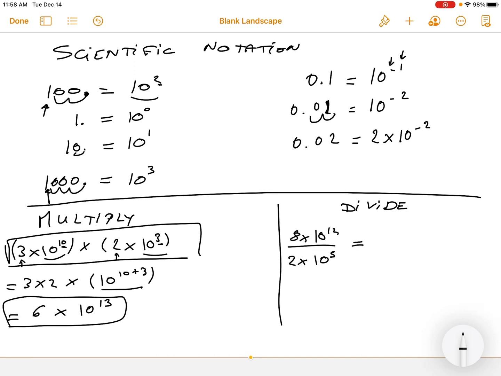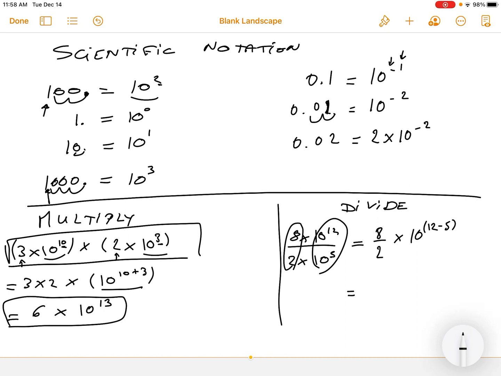So here, same thing, you will deal with the digits first, so 8 divided by 2, and then you'll take care of the power of 10 separately. And in here, because it's a division, you would subtract the numbers. So it will be 10 to the power of 12, the top, minus the bottom.